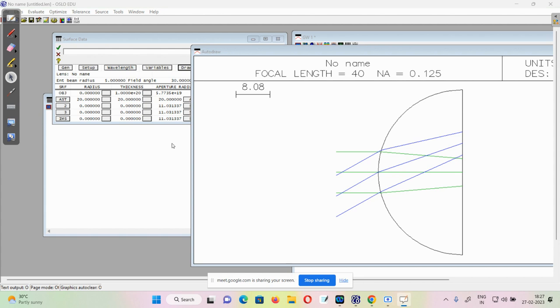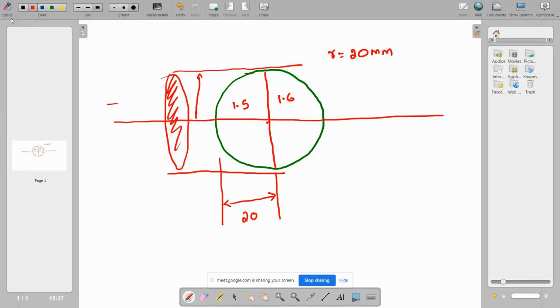Now we reached at this interface. Now my second surface is this one. This middle portion will be my second surface. So what will be the radius of curvature of the second surface? It's like a plane.